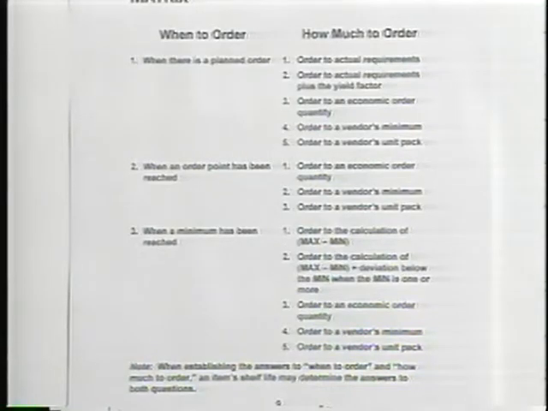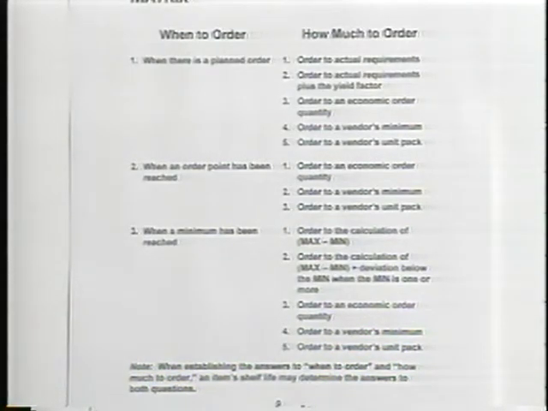Now, there are 3 answers to when to order. 1, when there is a planned order. 2, when we reach an order point for those unplanned requirements. And 3, when a minimum is reached in a min-max system which supports both planned and unplanned requirements.